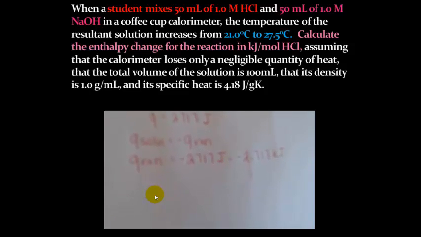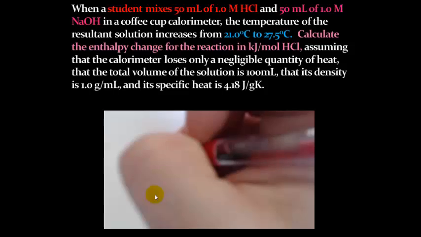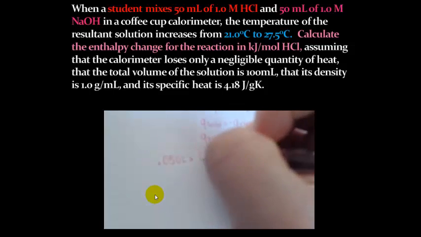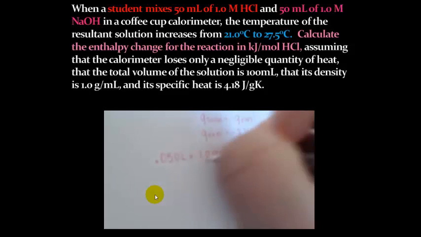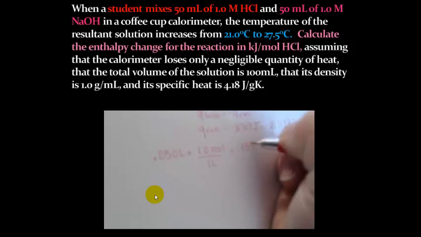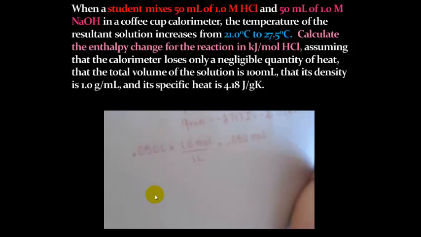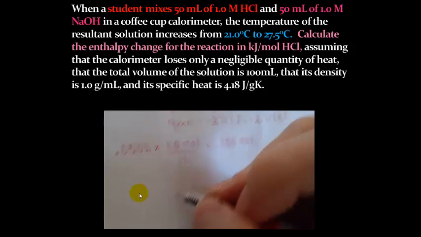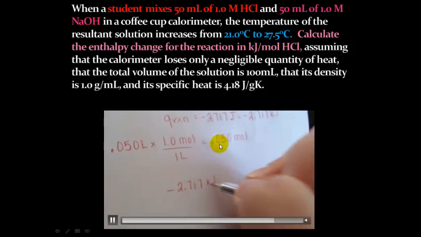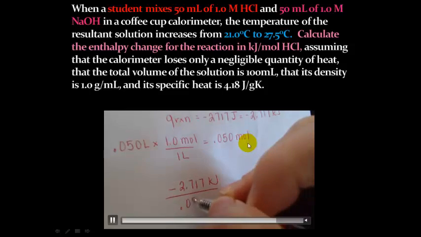Now, the question is asking us for the enthalpy change in kilojoules per mole of HCl. So we need to figure out how many moles of HCl we had. So we know that if we had 0.05 liters, because remember you have to convert milliliters to liters, and we know that there was 1 mole per liter because the molarity was 1, we know that we had 0.05 moles of HCl.